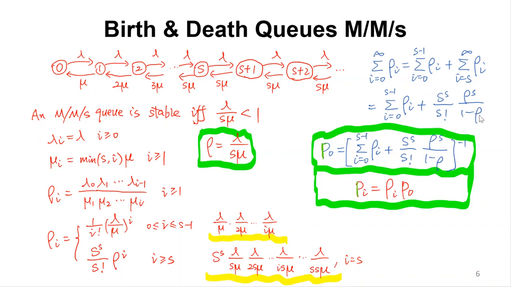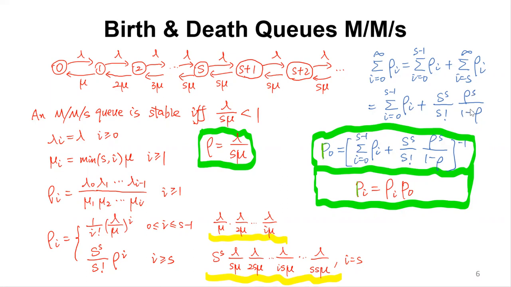This rho, what is this rho? This rho is lambda over S mu. Again, pay attention: this is lambda over S mu, not lambda over mu. Okay. So for I less than S minus 1, this will become this, right? You can put this over here. And this part, you can sum to infinity.